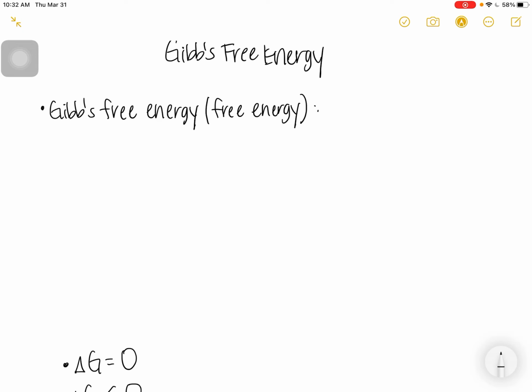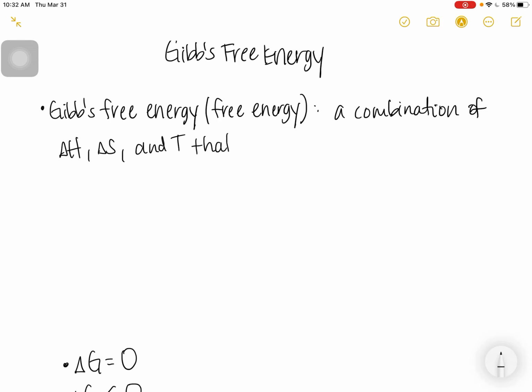So basically, Gibbs free energy is a combination of delta H, delta S, and temp that tells us if a reaction is spontaneous.